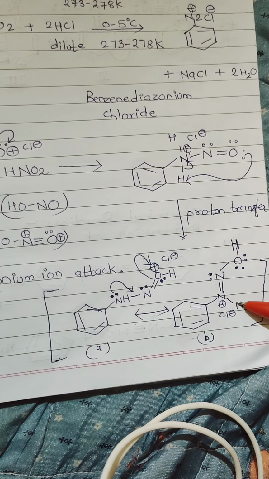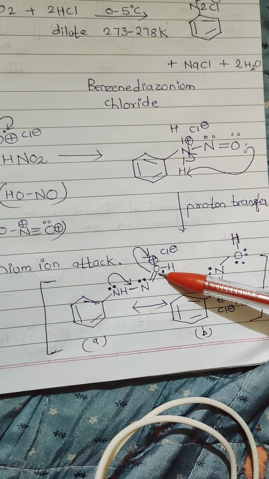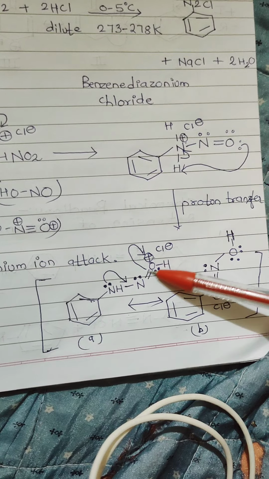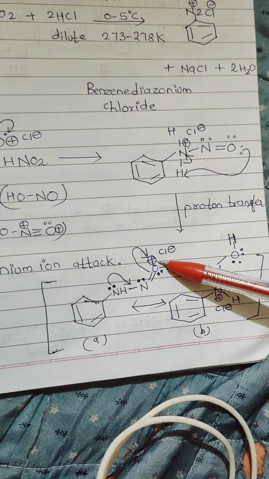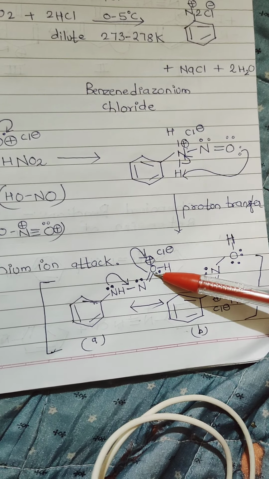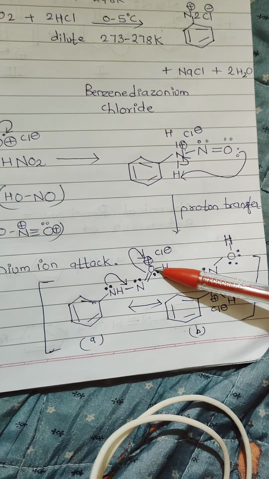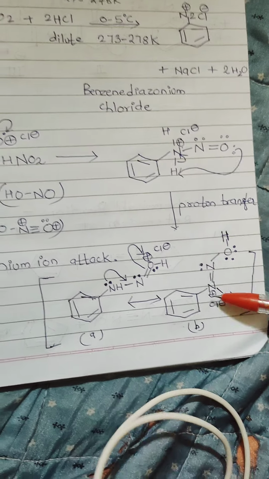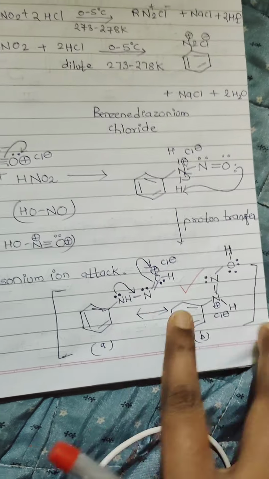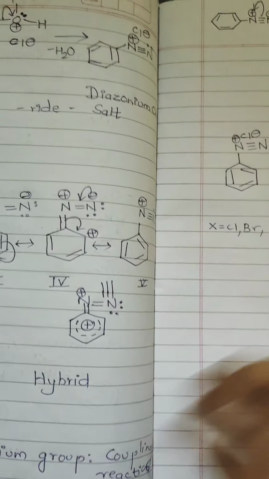Amongst oxygen and nitrogen, oxygen is more electronegative. So a more electronegative atom does not allow positive charge on it. Hence this structure is unstable, and this is somewhat stable. So we will select the stable structure, which is this.